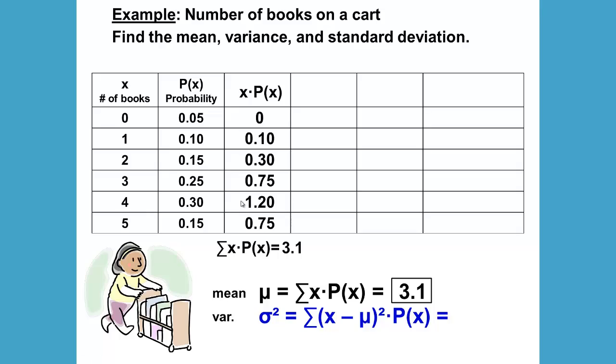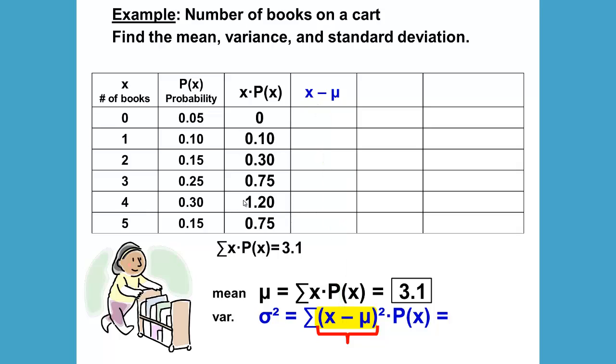The first step would be to subtract each data value from the mean. That is the x minus the mean, or x minus mu. We will put it in the 4th column, which is the next column in our chart.